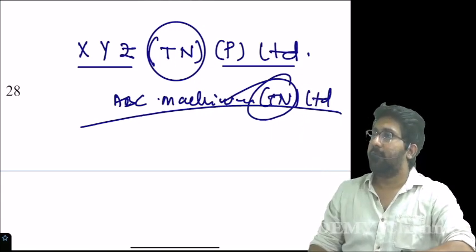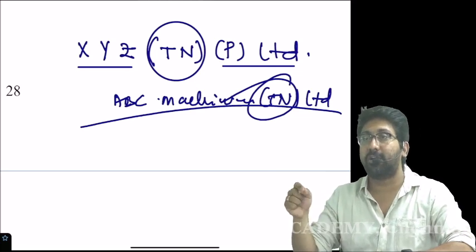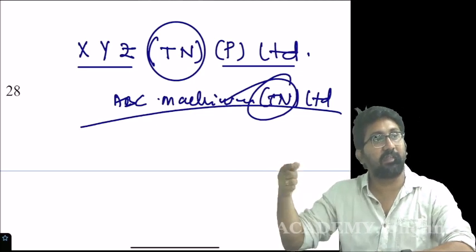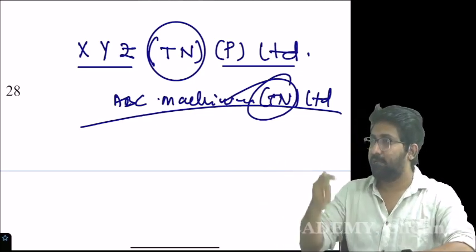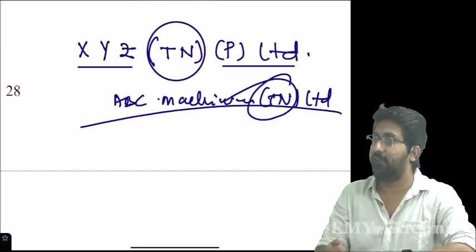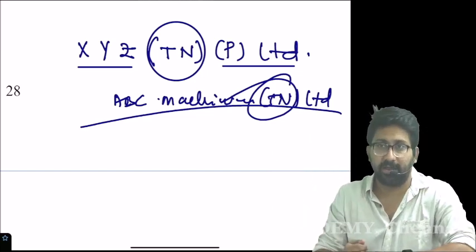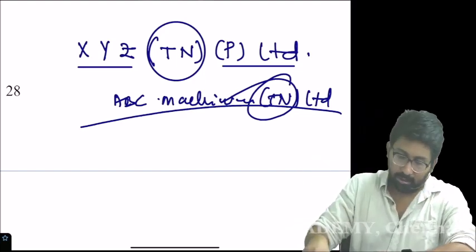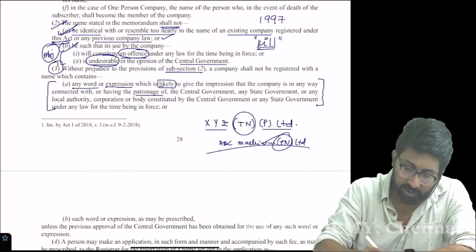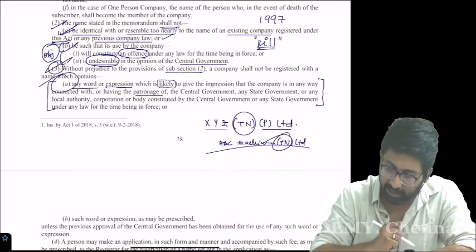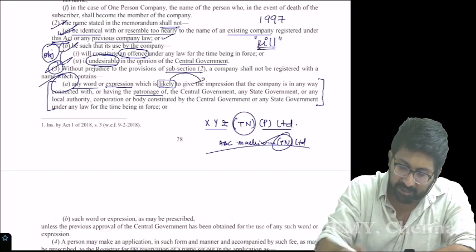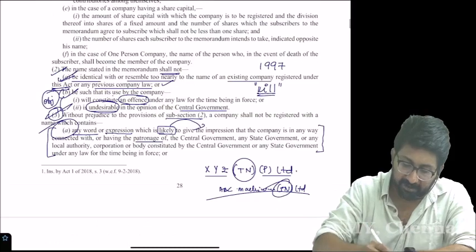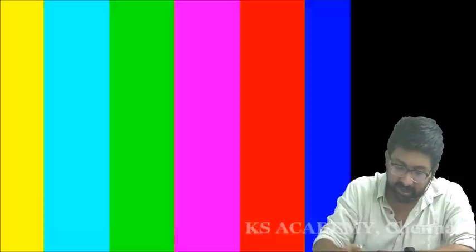Third one, name should not be likely to create a false impression, as if you have the patronage of central government, state government, local authority or any body constituted by central government or state government. Understood the concept clearly? Now we completed section 4 subsection 3 clause A. So likely to give a correct impression or a false impression? False impression. In that case, this will get attracted. Hope everyone understood section 4 subsection 3 clause A properly.